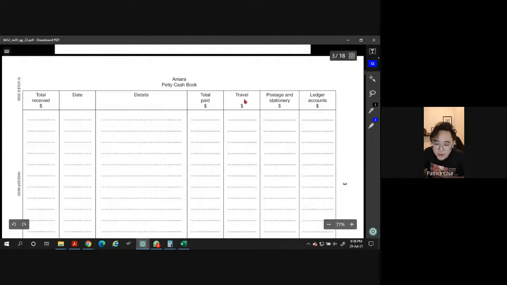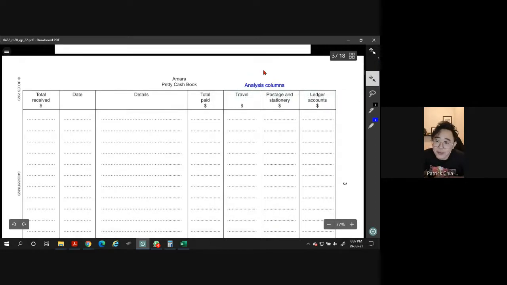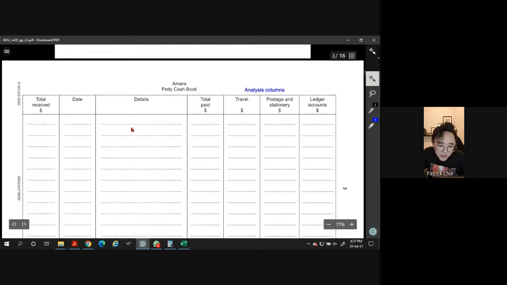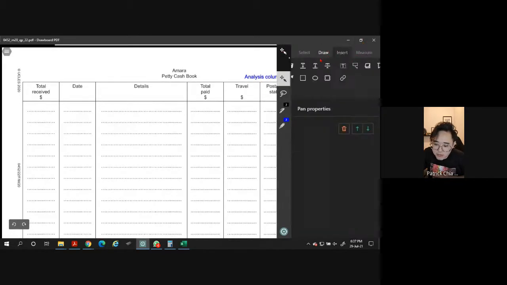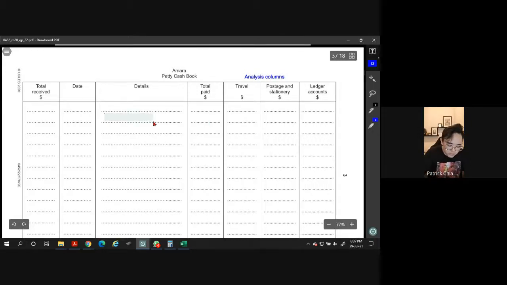Okay. So can you see travel, postage and stationery, and ledger account? These are known as analysis columns. Okay, there's a name for this thing here. It's called analysis column. And all these are given by the questions. So your job is, after you have read, let's say you write down you paid for, for example, a Grab car, okay, Grab taxi.